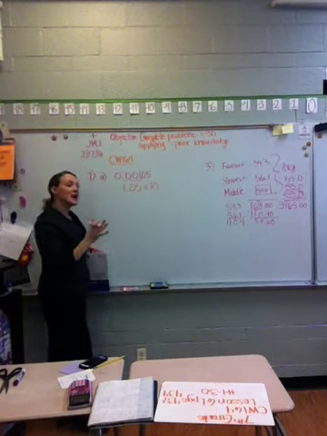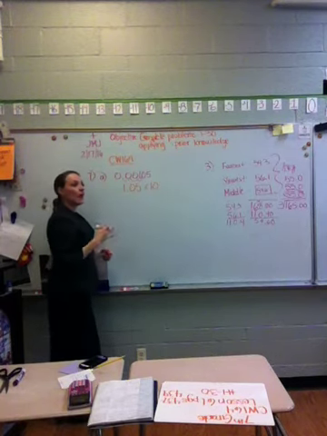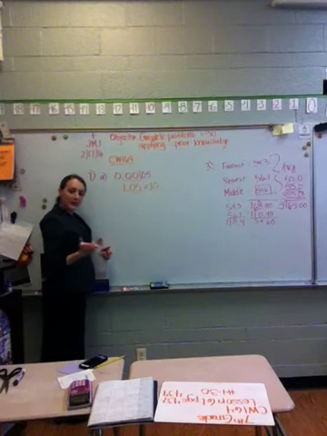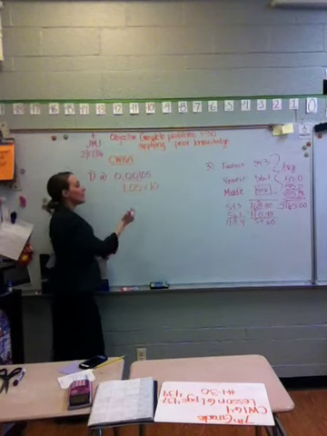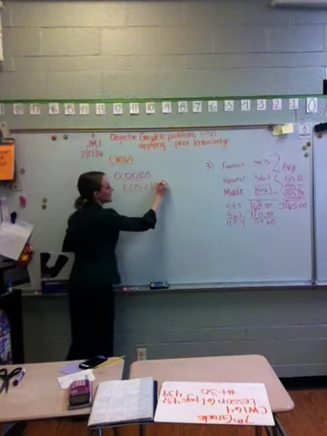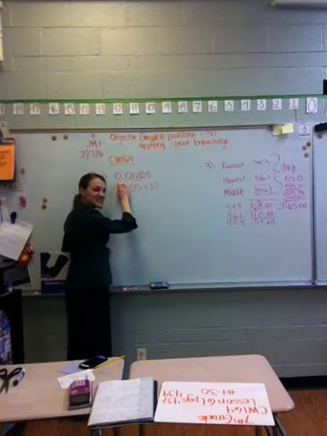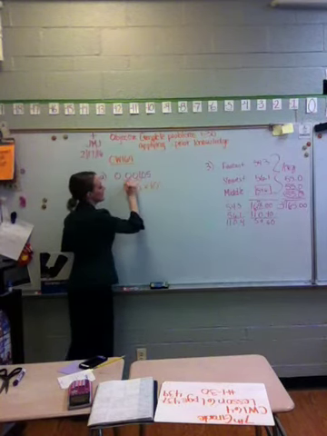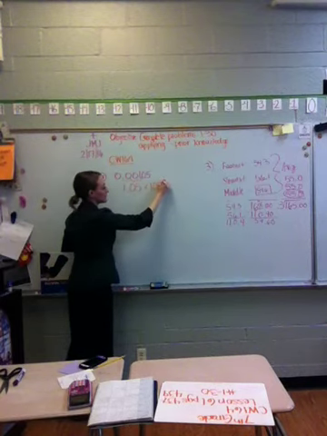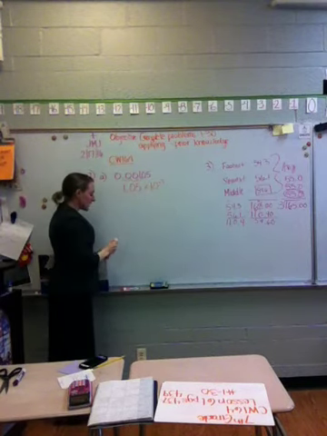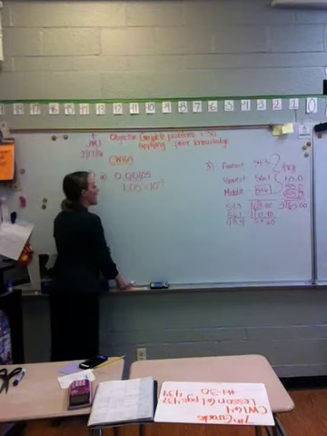Now we think to ourselves, what kind of exponent do I need to write? All right, well I need to write it as a negative because I'm changing a decimal into scientific notation. And I moved it 1, 2, 3 times. So here's my scientific notation for number A.